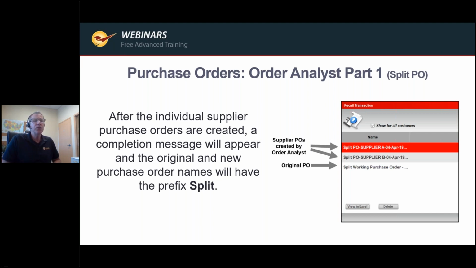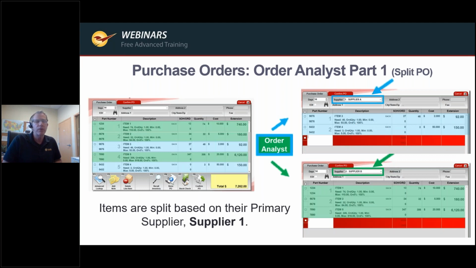And then it created two additional purchase orders, which took those two and split them apart. And I'm going to show you what that looks like here on this screen. So the original purchase order, you can see the faint blue and green. Those are the different suppliers. What we did was we took that order based on the primary supplier, in the primary supplier 1 position, we broke up the purchase order into two purchase orders.